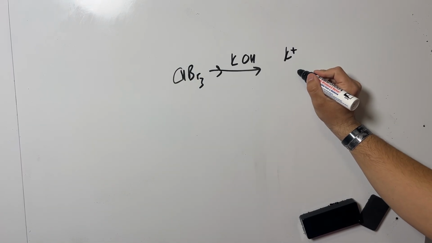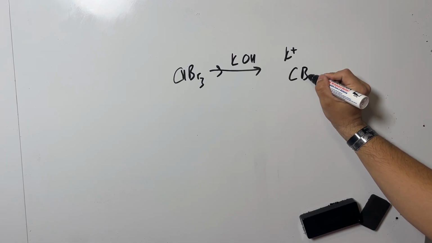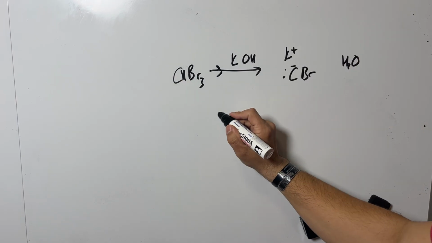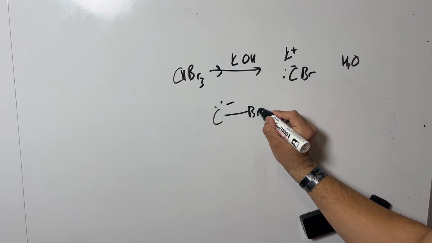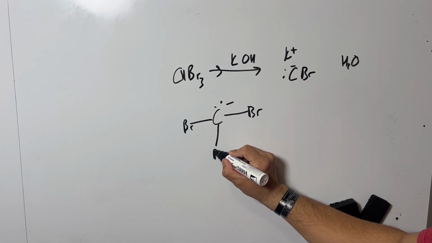You're going to get what looks to be a carbene, or the beginnings of a carbene. You're going to have Br3 minus, and you're going to have H2O. Now, this beginnings of a carbene that I was talking about, the carbon carries that negative charge, as well as some of the other things that we have here.